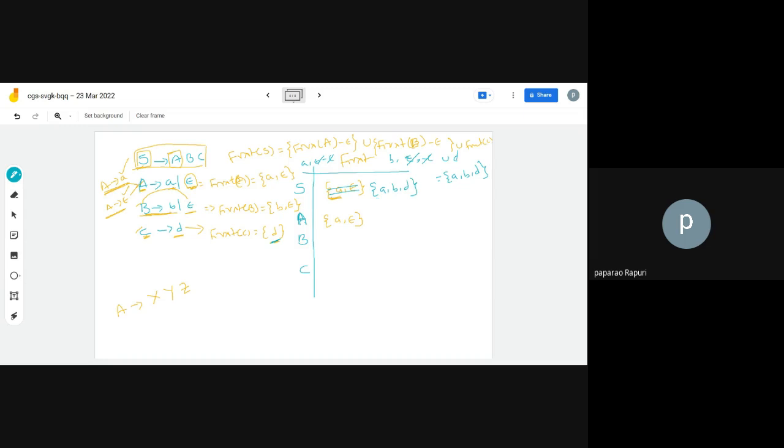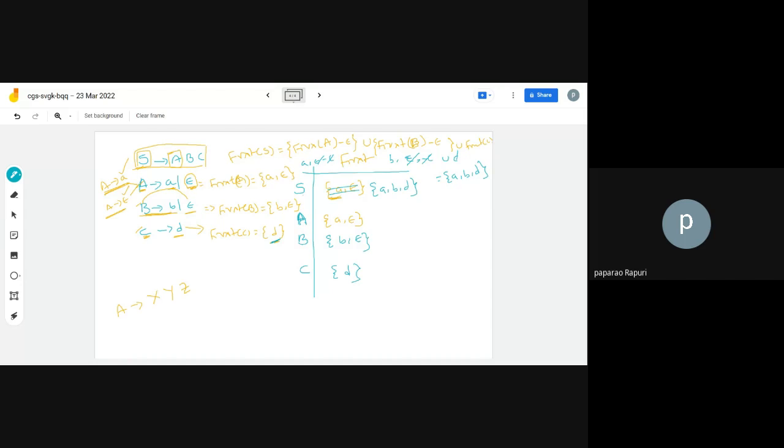So this is the first set of S. And coming to here, the first set is b comma epsilon. And here first is equal to small d. So these are the first sets for S, A, B and C. For every non-terminal on the left-hand side of the production, we need to write the first set.